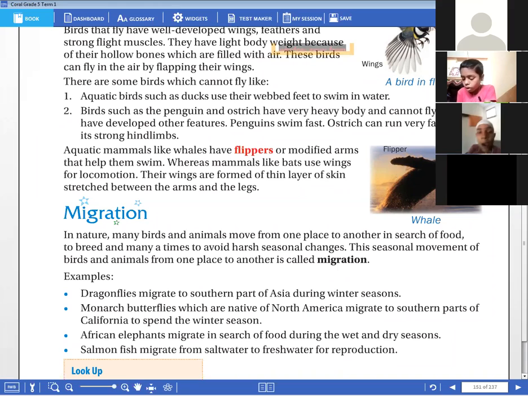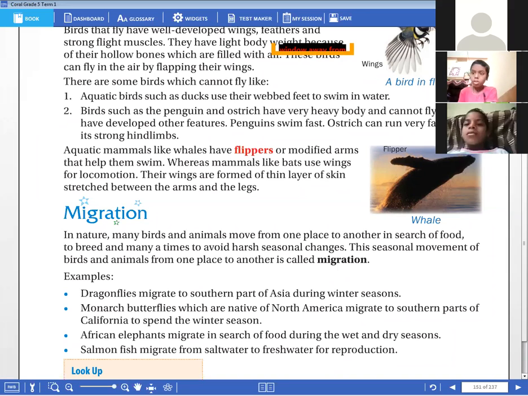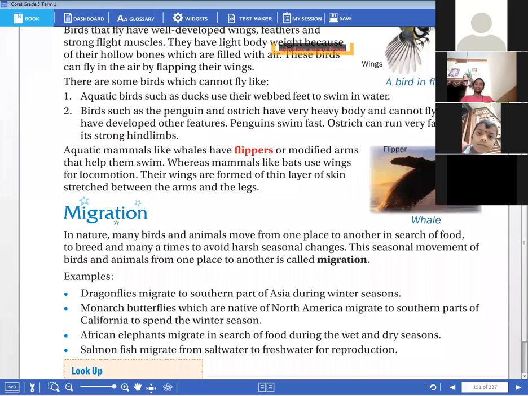Salmon fish migrates from salt water to fresh water for reproduction. Here children, salmon is a kind of fish. Salt water is actually present in oceans, isn't it? Salt water you can see only in oceans, and lakes and rivers possess fresh water. So these kinds of fish actually live in oceans and they try to swim forward and come back to the river.